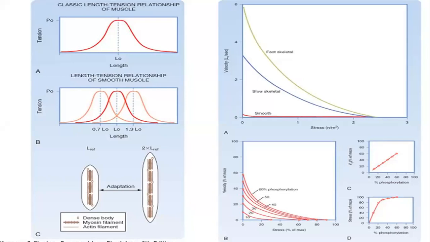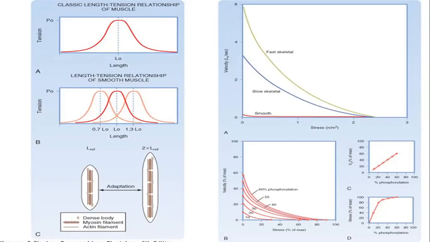Like skeletal muscle, smooth muscle exhibits a bell-shaped length-tension relationship, although the length-tension relationship of smooth muscle can vary. Within a short period after stretching the smooth muscle, there is a rightward shift in the length-tension relationship such that maximal force generation occurs at a longer muscle length.